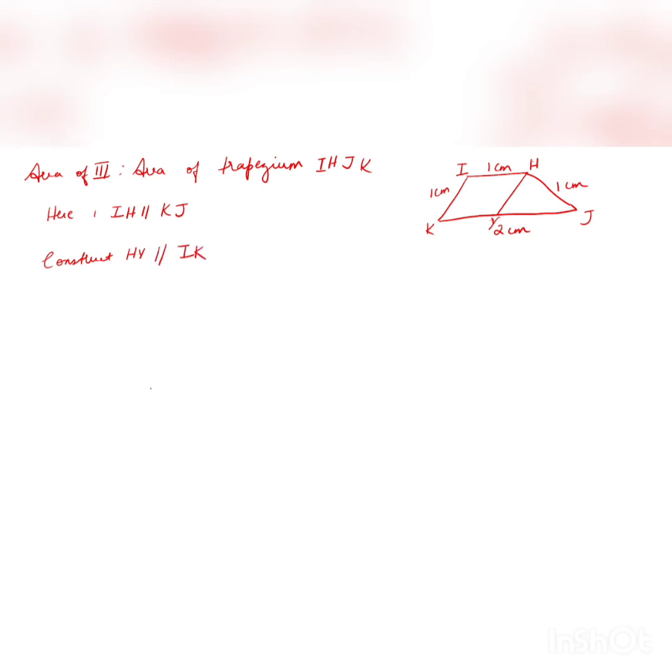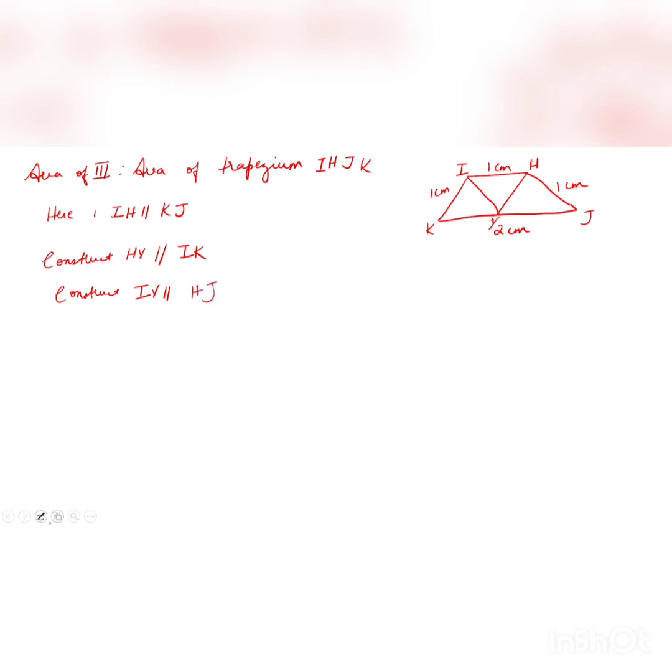Let me use a laser pen for that. I have constructed the line HY and this is parallel to IK. Clear? Up to this much. Now I'll draw another line, that is IY. So I have constructed here IY which is parallel to HJ.